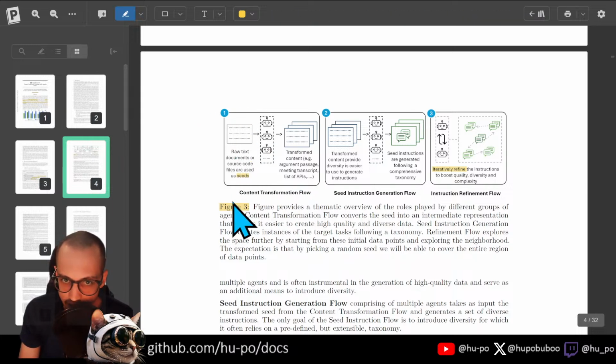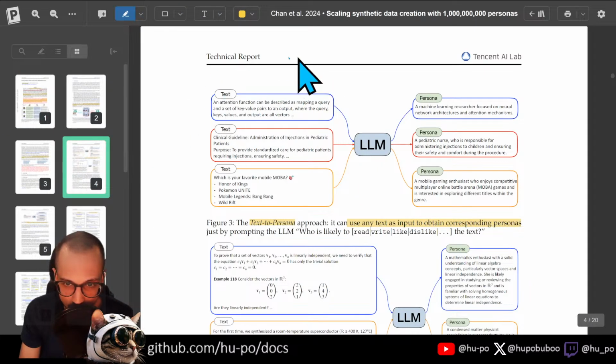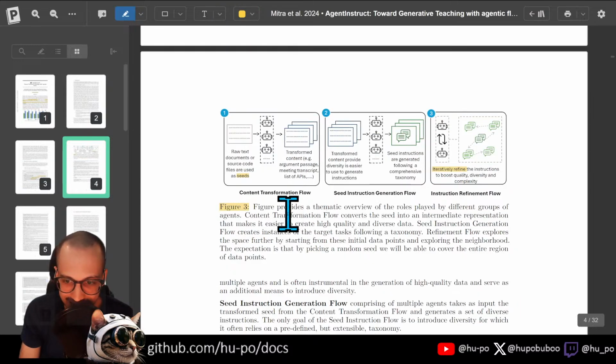Okay. Content transformation converts the seeds into an intermediate representation that makes it easier to create high quality and diverse data. Okay, so this process right here is almost identical to this process here. The same way that you're using this random chunk of text to generate a persona, and that persona is an intermediate representation that makes it easier to create high quality and diverse data, aka the same ecological niche that the persona is fulfilling.